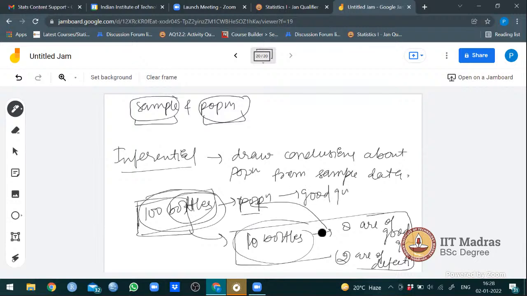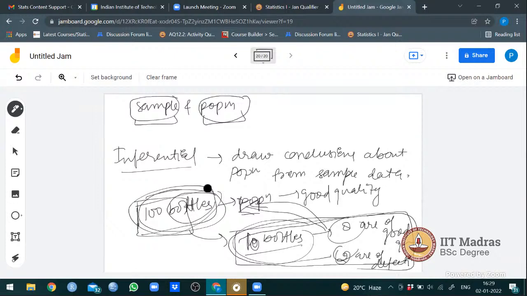So you are making a conclusion on the basis of this sample data. Out of these 10 bottles, 8 are of good quality and 2 are defective, then you say out of 100, more bottles are of good quality. On the basis of this sample, you are making a conclusion about the whole population. So this is inferential statistics. Got it? Yes, sir.